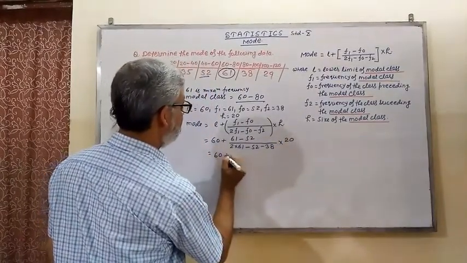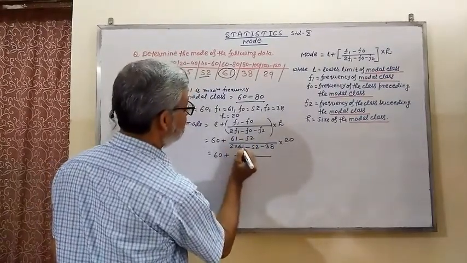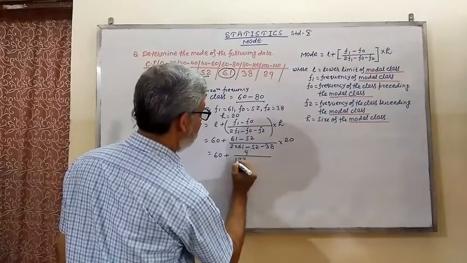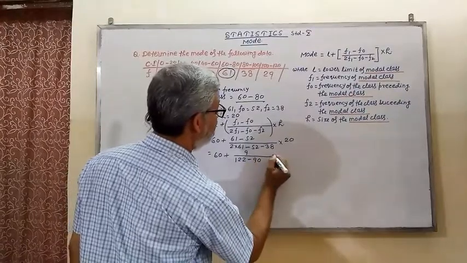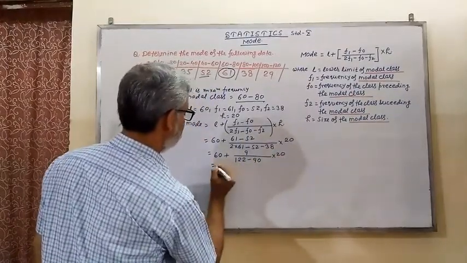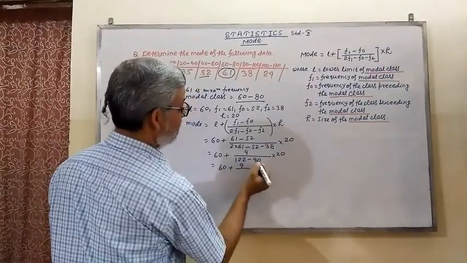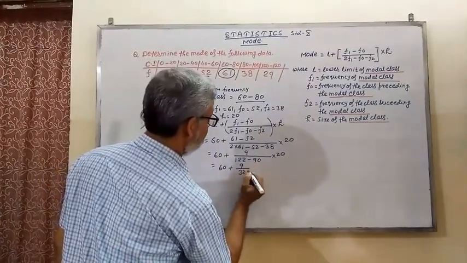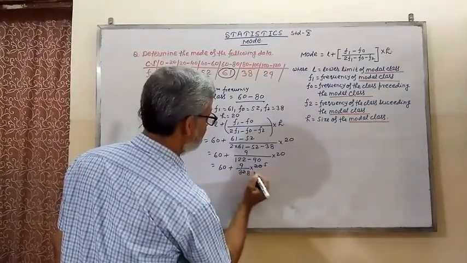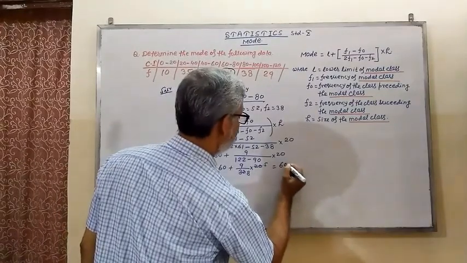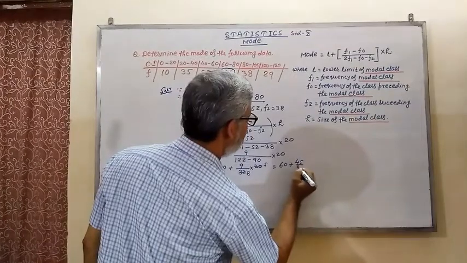Now 60 plus 61 minus 52 is 9, divided by 2 into 61 is 122, minus 52 minus 38, that is minus 90, into 20. Now 60 plus 9 by 122 minus 90, that is 32, into 20. 4 5s are 20, 4 8s are 32. So this is equal to 60 plus 9 5s are 45 by 8.